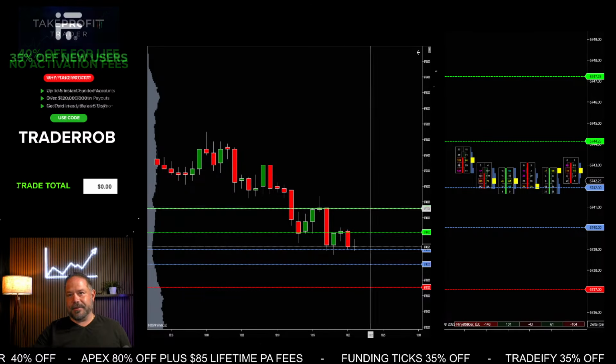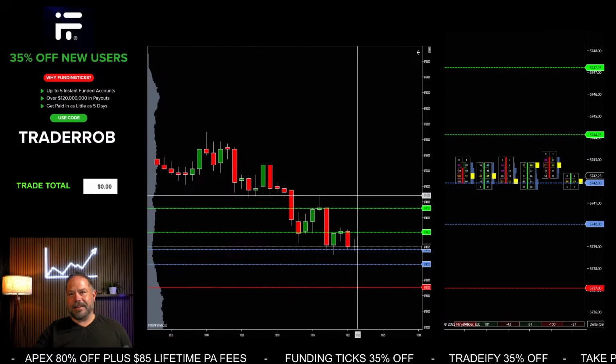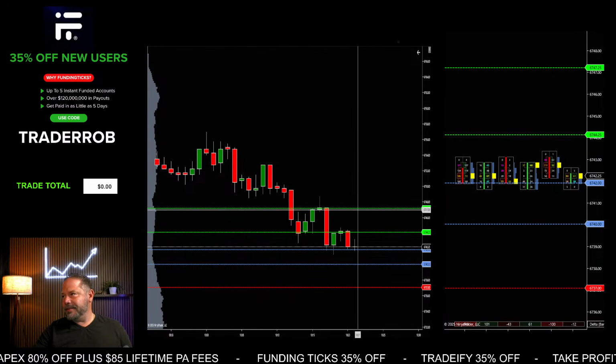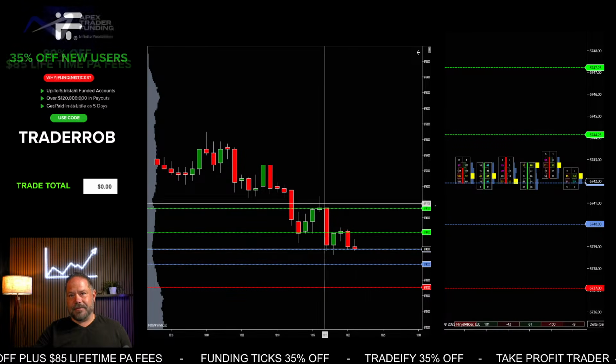Honestly, TP2 would be the only logical area that it needs to rebalance, which it does. It absolutely does, even after this move.